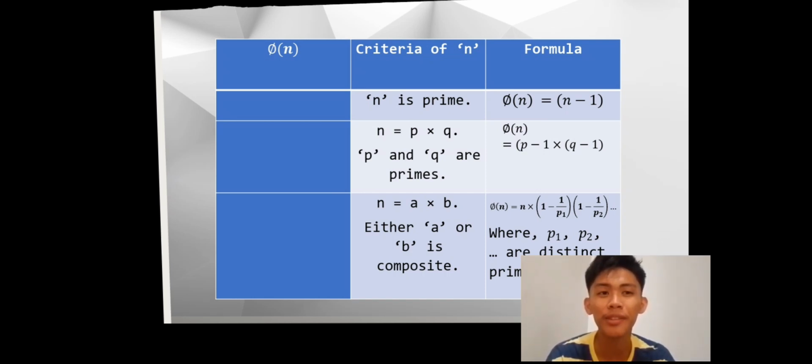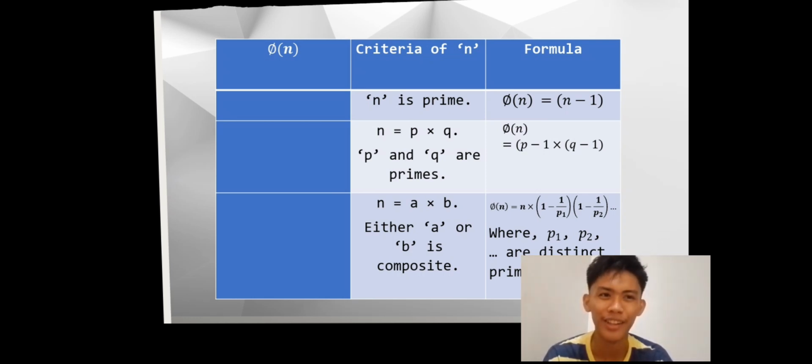So we can use phi of n is equal to the quantity of p minus 1 times the quantity of q minus 1.